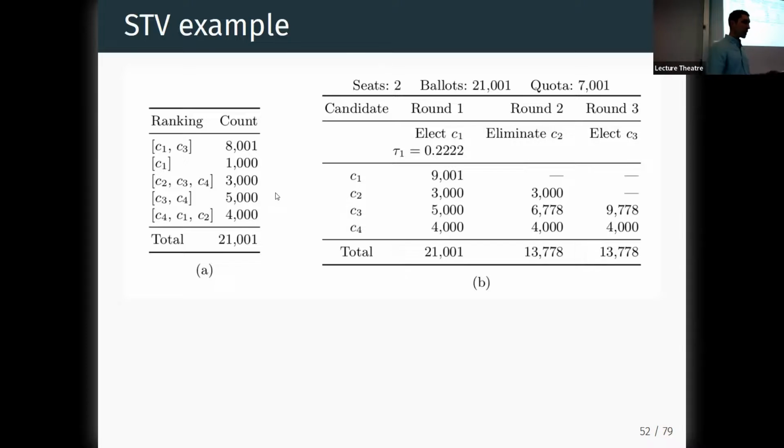The way the count works at a high level is we count all the first preferences, sort of like first past the post, and we look at the totals for each candidate. If any of those counts surpass a number called a quota, then they get elected. And the excess votes above the quota get redistributed to other candidates in proportion to the second preference votes.